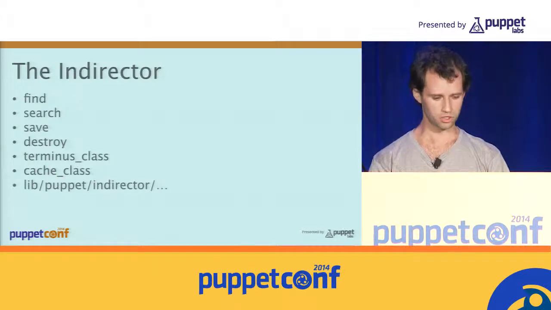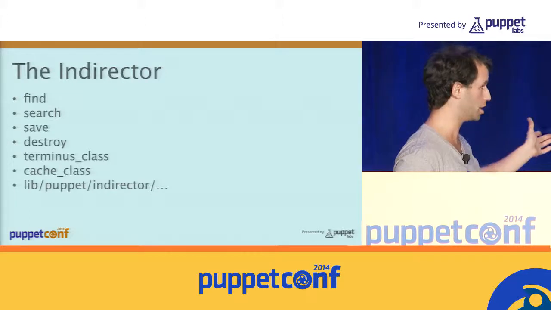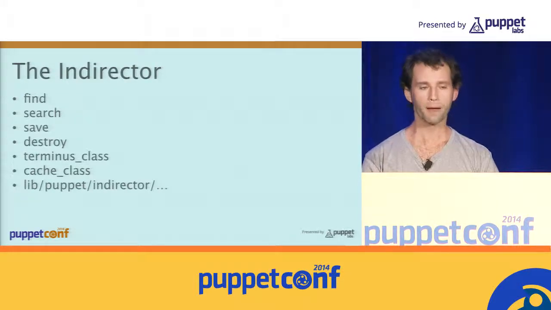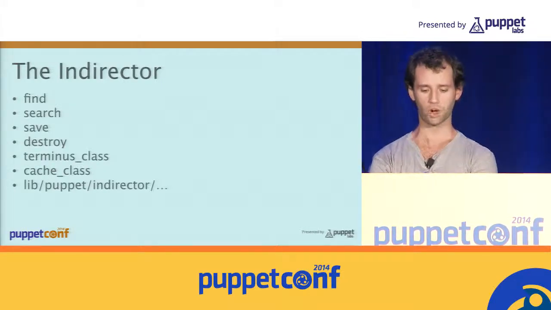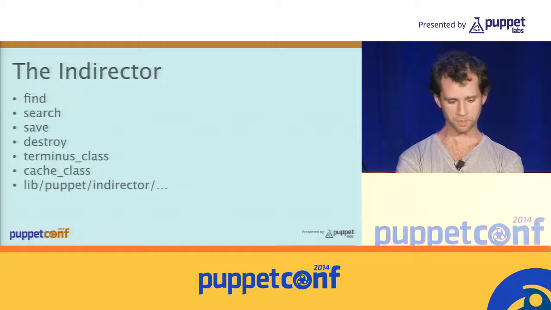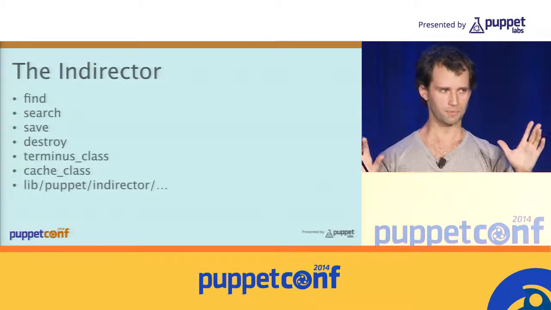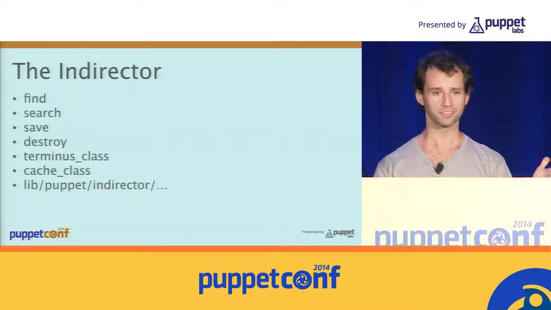In the code, all of these termini are located at lib/puppet/indirector and then some sort of subdirectory underneath that. The idea is that when Puppet is initializing an application, it sets appropriate global values for all of the indirections it plans to use. And then you get the appropriate, well, you being, I'm talking to you as if you're some kind of internal class inside Puppet, you know, standard usage of the term.